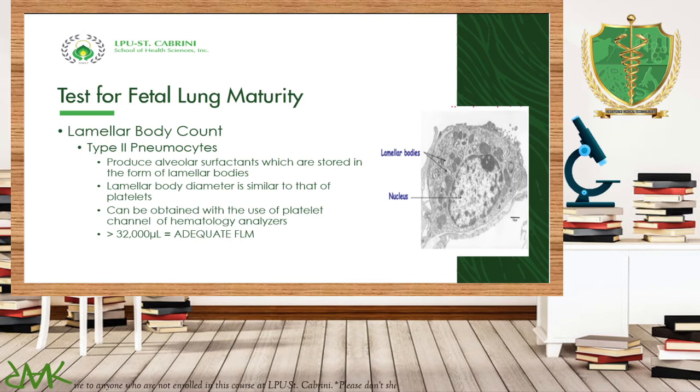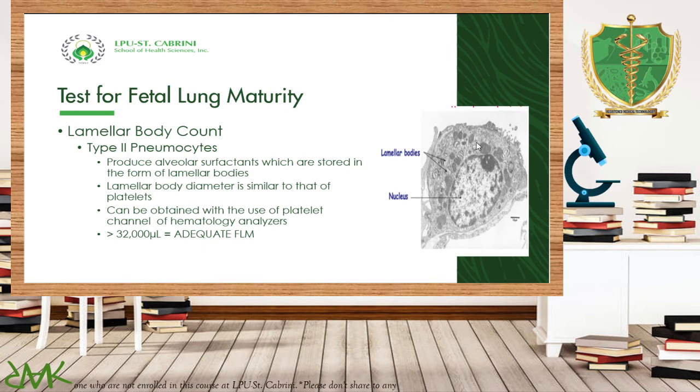Aside from that, we also have our lamellar body count, for the detection of type 2 pneumocytes. Okay? Type 2 pneumocytes produce alveolar surfactants which are stored in the form of lamellar bodies. Okay, as you can see in this structure.